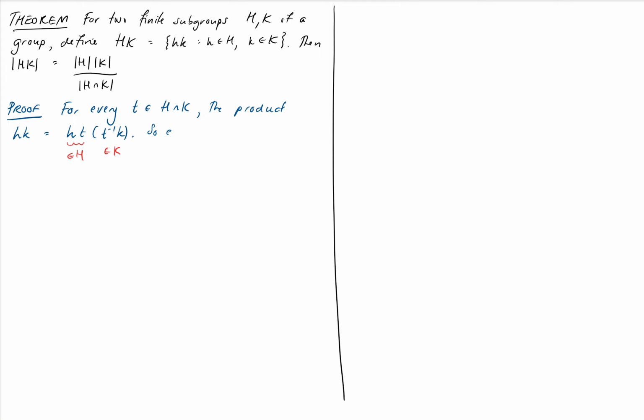So each element in HK is represented by at least that many products in HK.